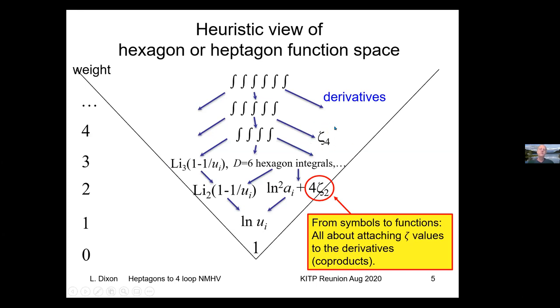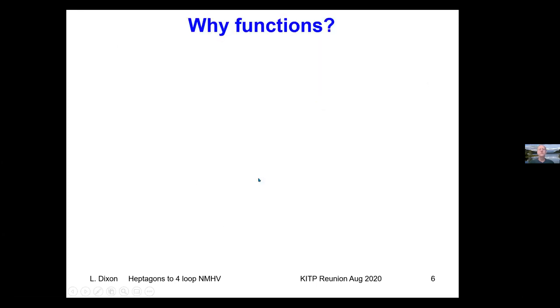For example, this is actually an independent zeta value that doesn't have to be attached to a different function. Whereas this zeta 2, in both the 6-point and the 7-point case, has to be attached to various logarithms or symbol level functions. So we'll get into that in more detail later.